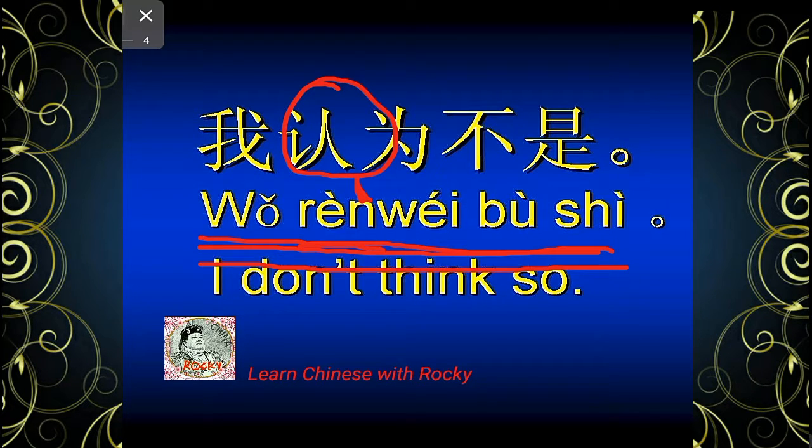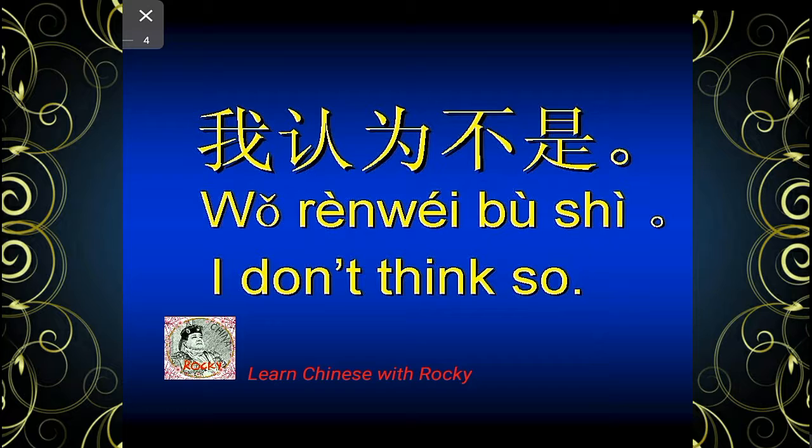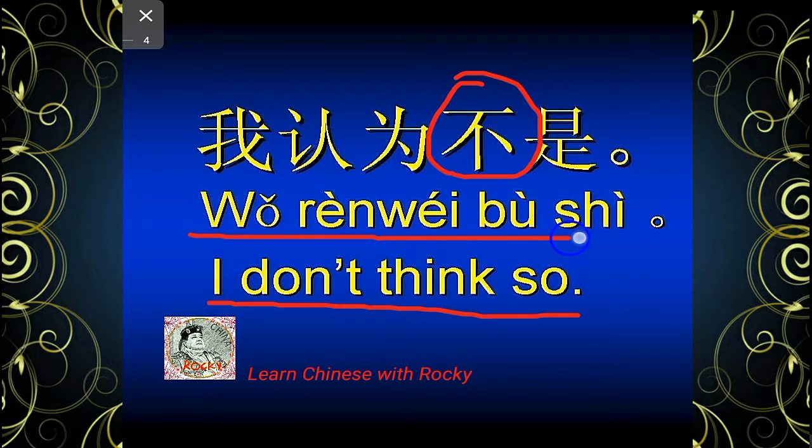Now, let's go on to our next sentence, meaning I don't think so. In this case, we're going to use the character bu again. Ready? 1、2、3. 我认为不是.